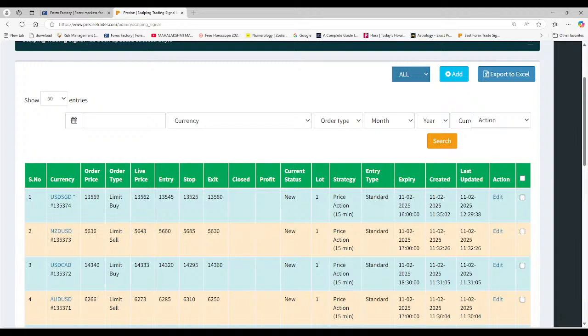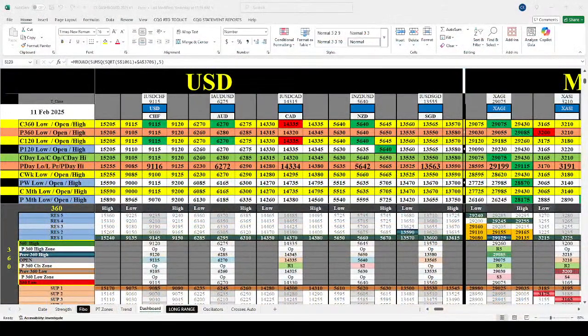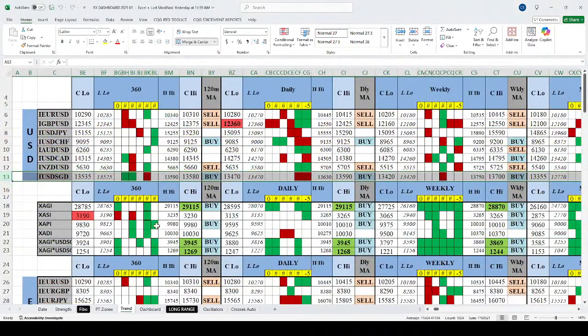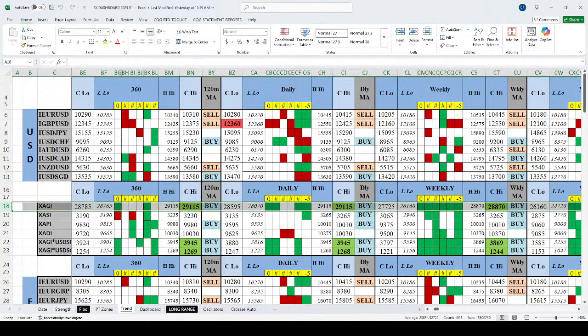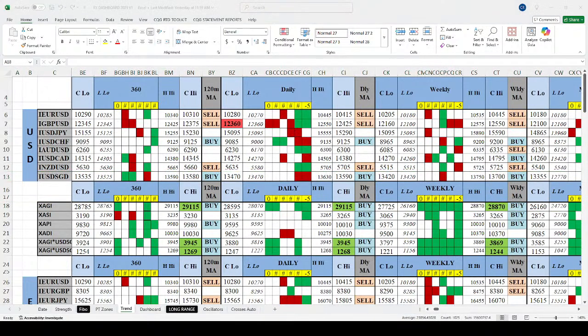Okay, the next one, finally we are coming to gold.